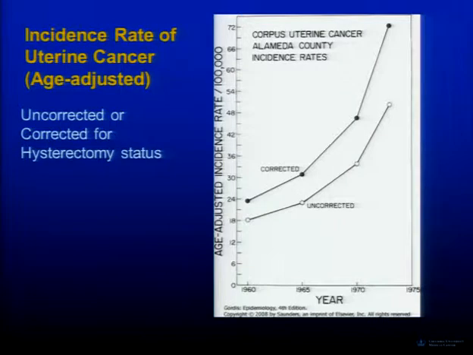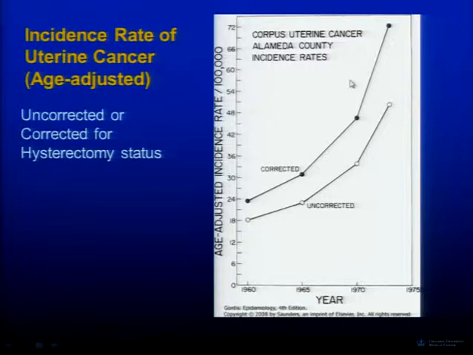If you include those women without a uterus, then you're going to get a lower rate than if you take them out of the denominator. You're going to have the same number of cases with a smaller denominator. So you're going to have slightly higher rates because you're correcting for those women without a uterus.